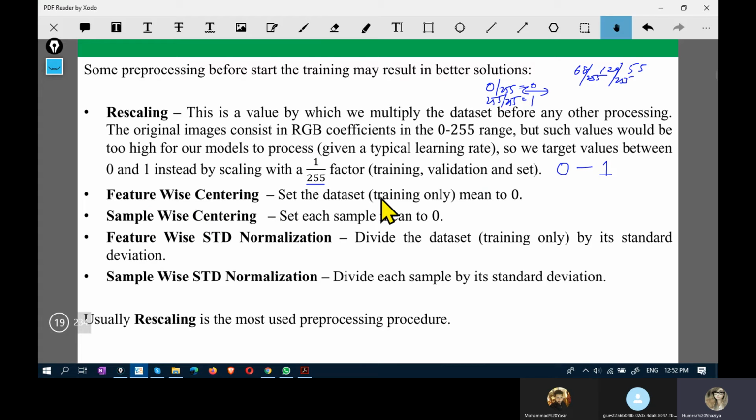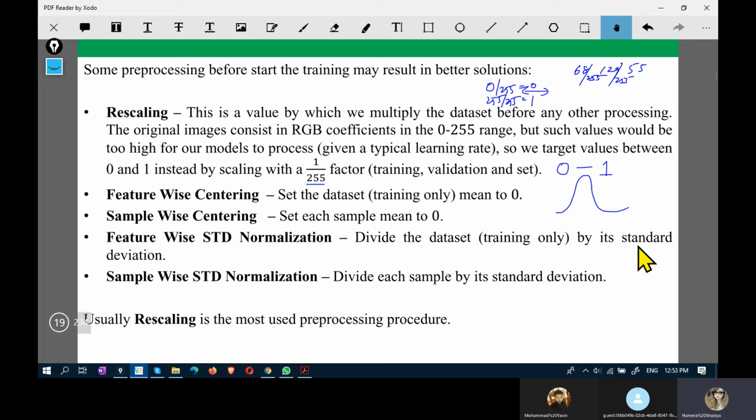Feature wise centering, you can have the dataset mean value equal to 0. Then the data is centered like this. And you can do it for sample wise centering, sample mean to 0. Feature wise STD normalization, divide the dataset by its standard deviation.